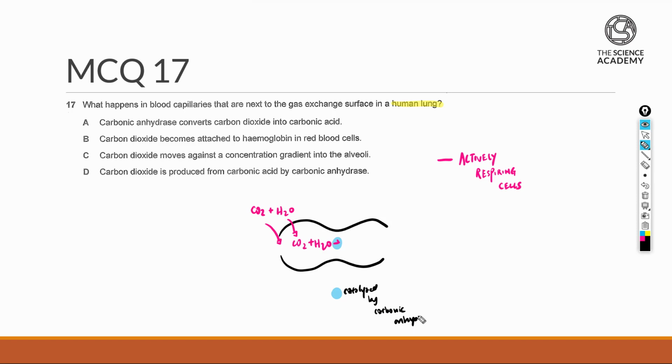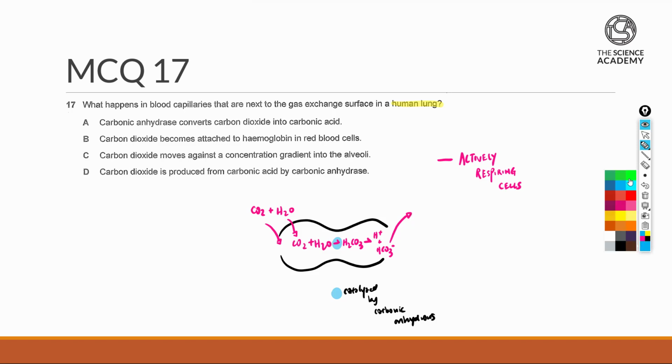It allows our carbon dioxide as well as our water to form carbonic acid. This then spontaneously breaks down to form H+ as well as hydrogen carbonate ions. And it is the hydrogen carbonate ions that diffuse out of the red blood cell into the blood plasma.